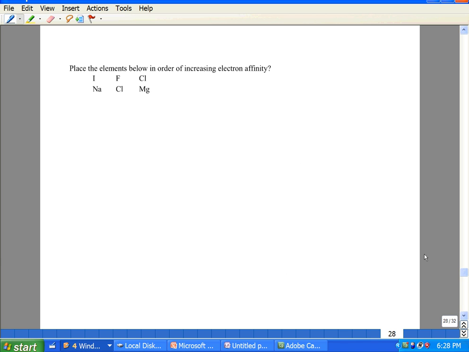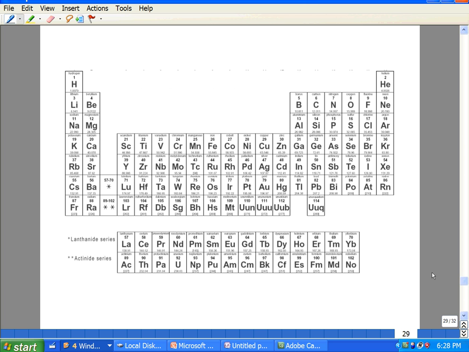And this last one, I'm assuming it's the last one, may not be. It asks us to arrange the following in order of increasing electron affinity. We've got a strange trend when it comes to electron affinity.